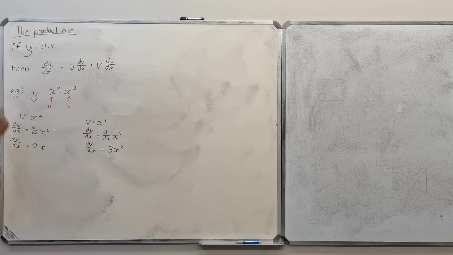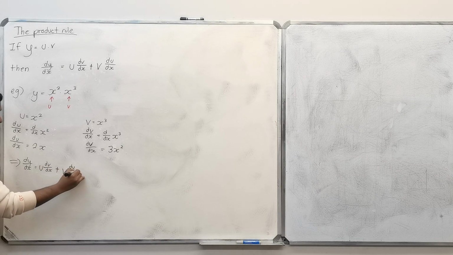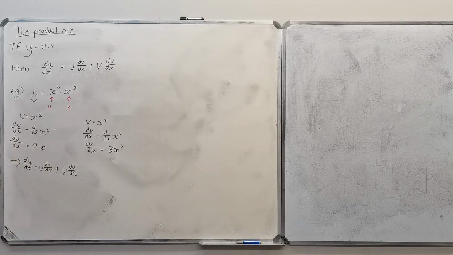Now we have u, du, dv, everything. The product rule states that dy over dx is equal to u times dv over dx plus v times du over dx.